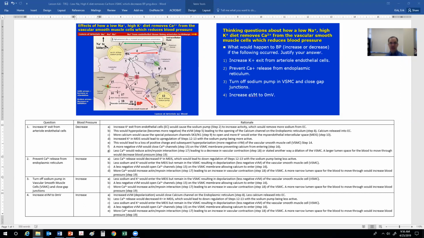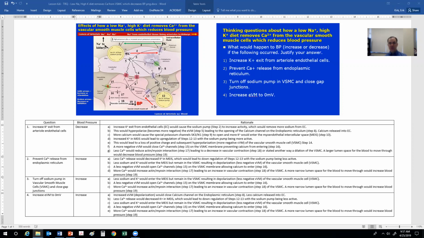At the same time, that's just going to cause a hyperpolarization of the endothelial cell, which is then going to cause the endoplasmic reticulum calcium channels to open, increase the amount of calcium that would enter the endothelial cell, causing these special potassium channels, SK3 and IK1, to open, and then potassium would make its way into the myoendothelial intercellular space.